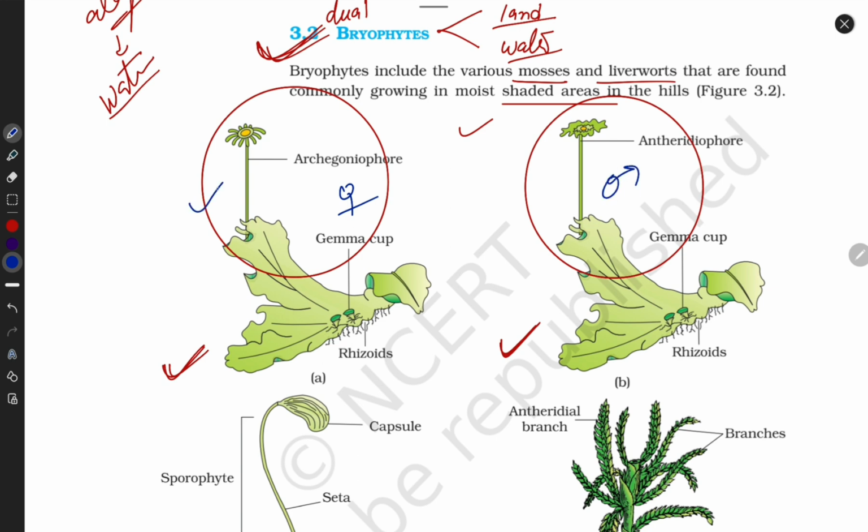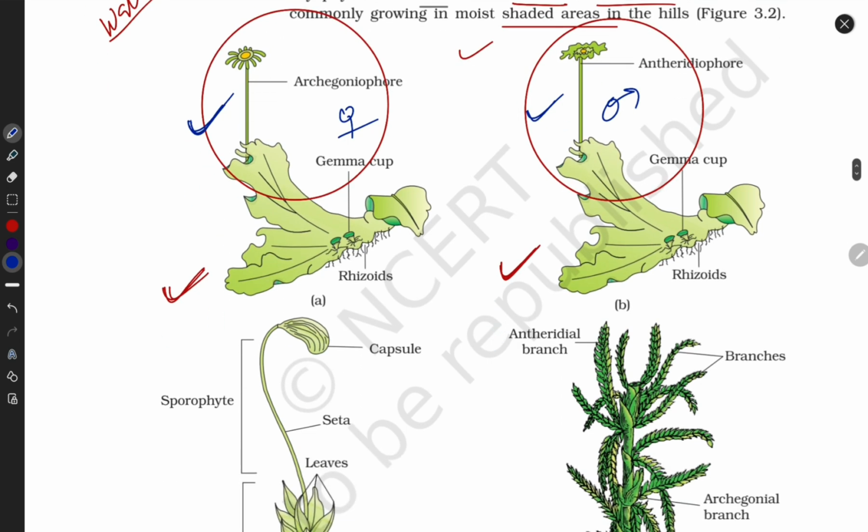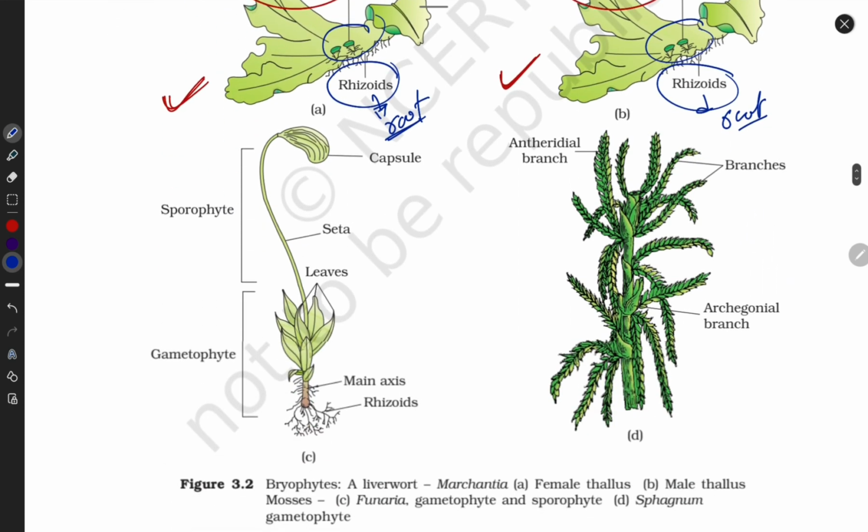You can easily identify female and male. And both have some things in common. They have a gemma cup, and they have rhizoids. They are not true roots, but they function as roots.